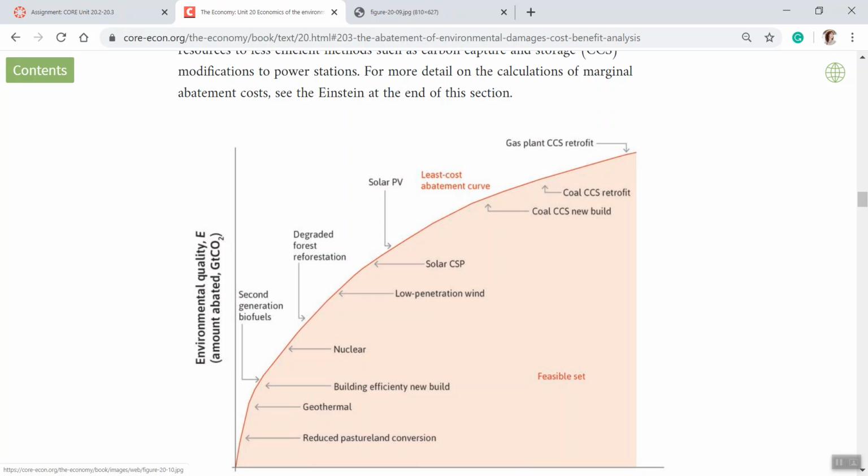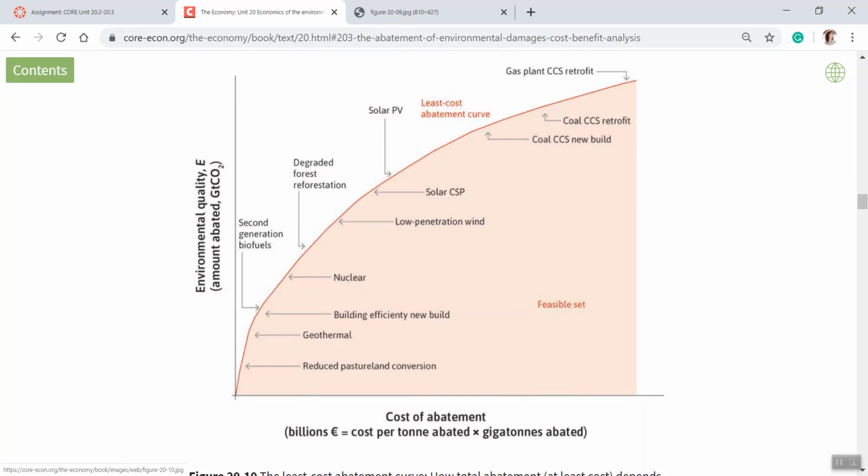And what we have here on the inside is the feasibility set. These are all of the things that could make sense. If you remember back when we were looking at feasibility sets, if something's outside of the set, then that means there's another solution that's going to be better and cheaper, or maybe there's something that's just not available.